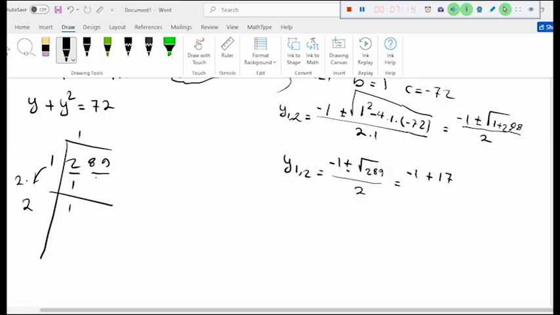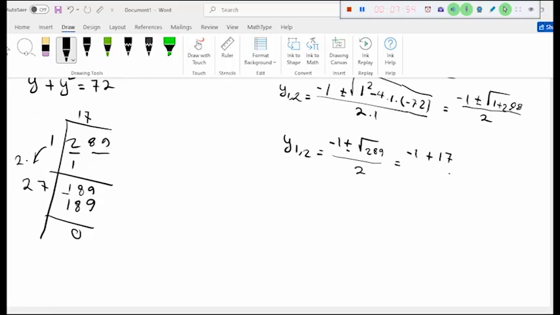Then we bring down 89, and here we take 7. 7 multiplied by 7 is 49. 7 multiplied by 2 is 14, plus 4, 18. So here we can write over 2.